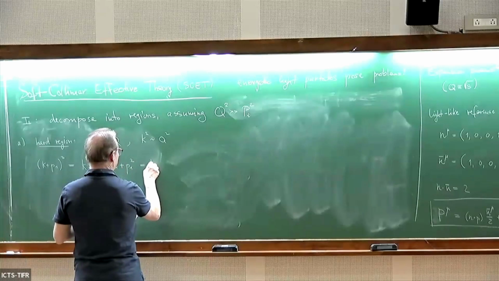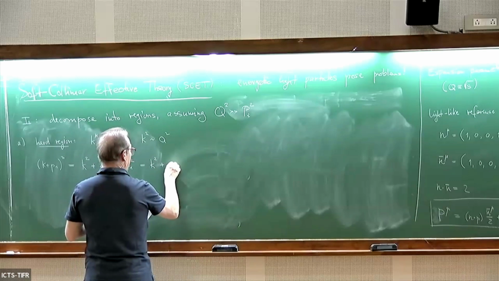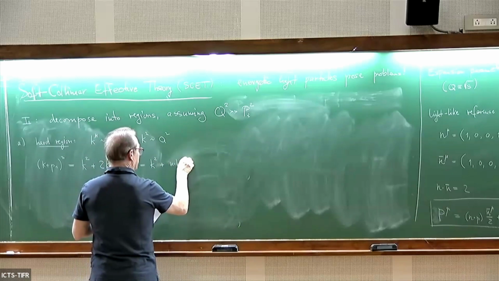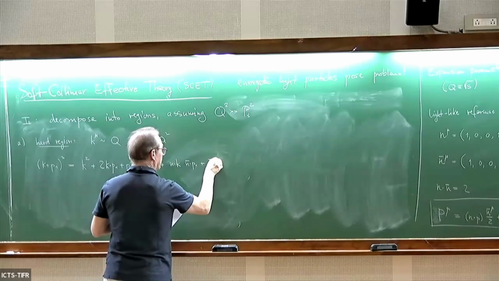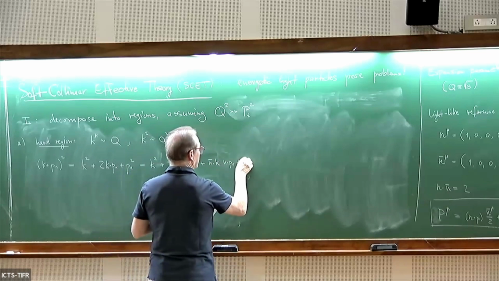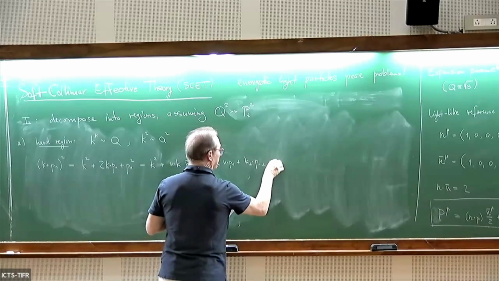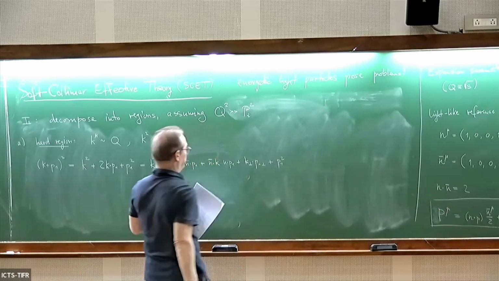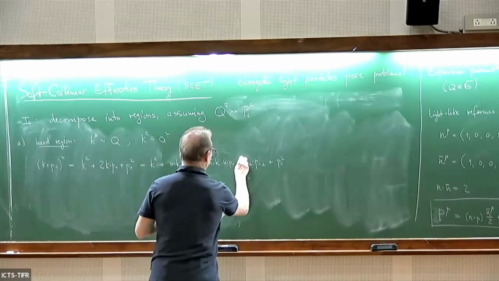So we get k squared plus n dot k n bar dot p1 plus n bar dot k n dot p1 plus k perp p1 perp plus p1 squared. Okay? And here I forgot a factor 2.